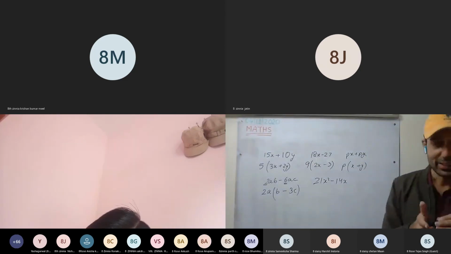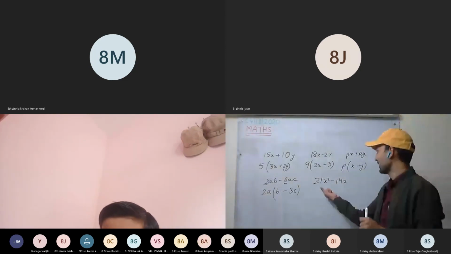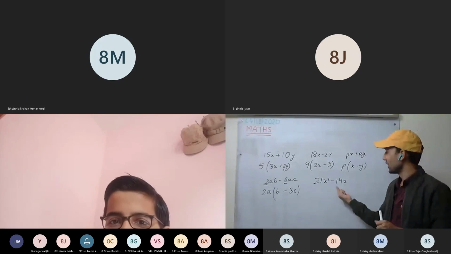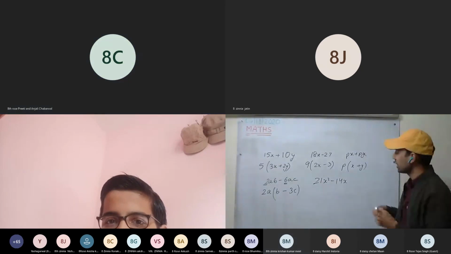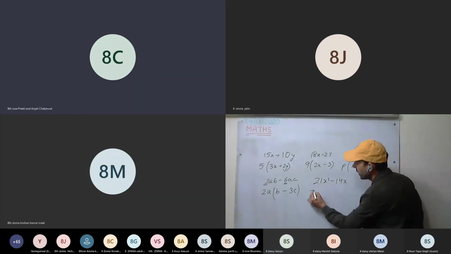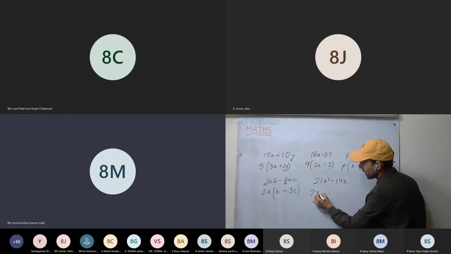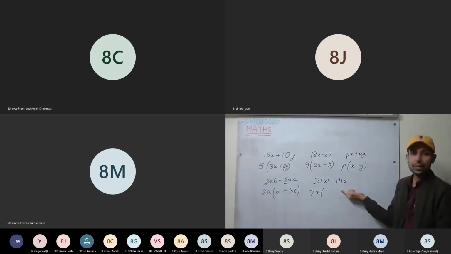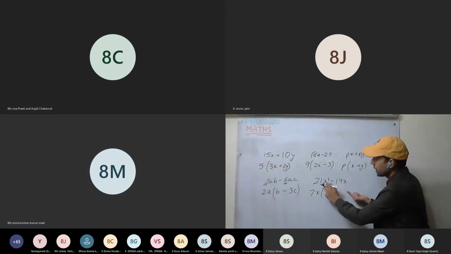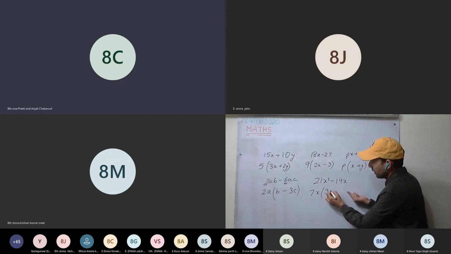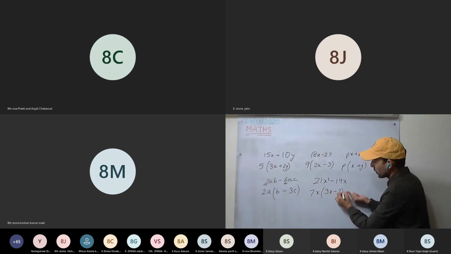Simon, you won't get a chance again. Please don't raise your hand. Common factor is 7x. First 7, now x square and x, 7x. So what will be remaining inside the bracket? Divide each term, it will be 3x minus 2. Good.